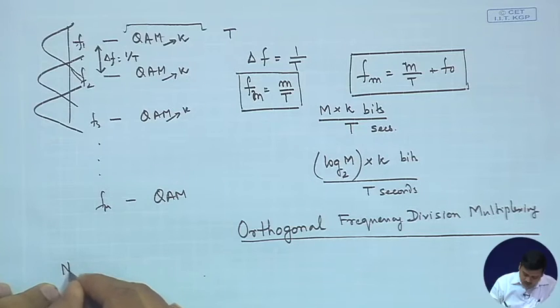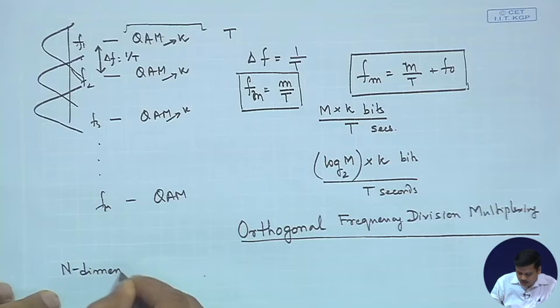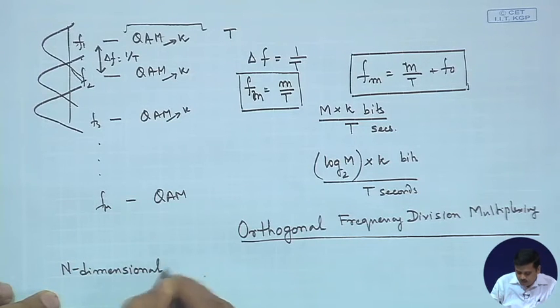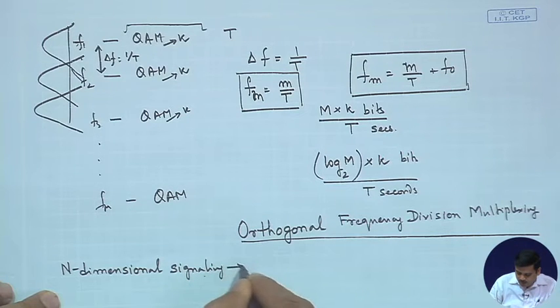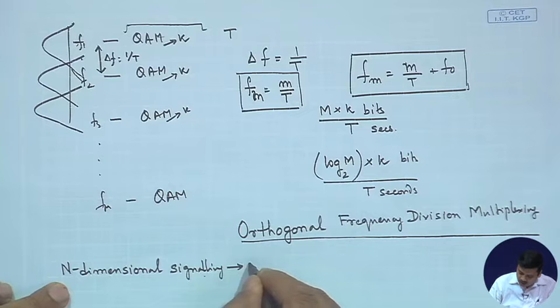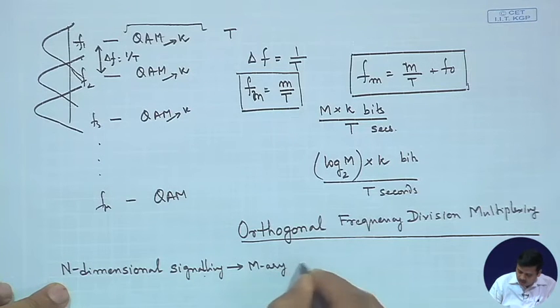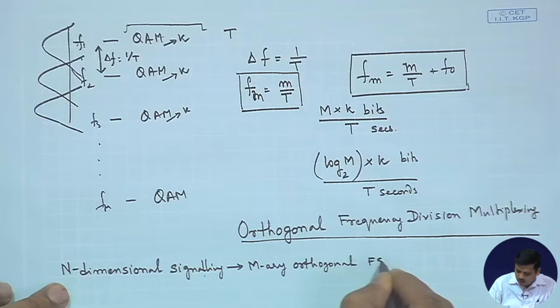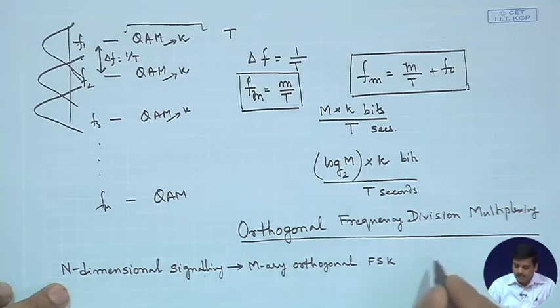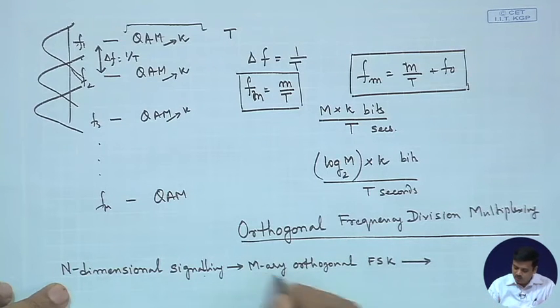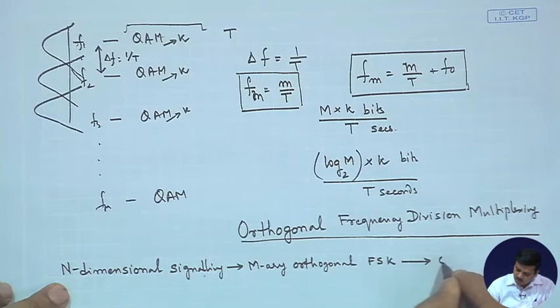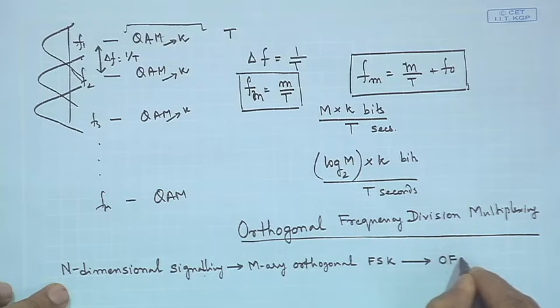So, the way we have traveled is N dimensional signaling followed by M-ary orthogonal frequency shift keying, and then we have exploited whatever we have discussed to do orthogonal frequency division multiplexing, right.